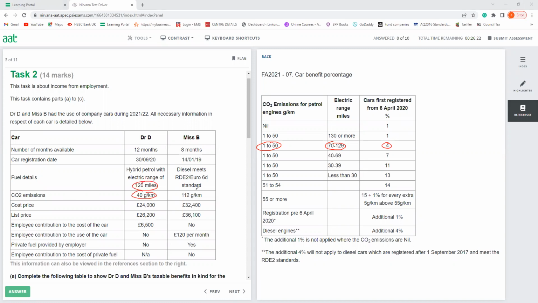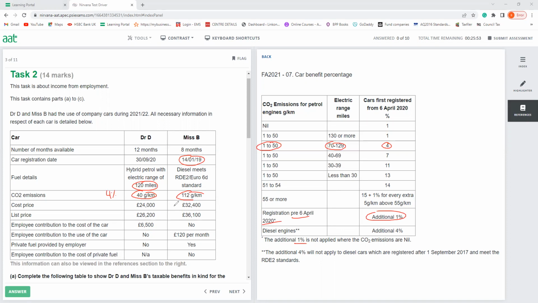So Dr. D comes under this condition, so for this one we'll have a 4% car benefit. And for the next one, it is 120 grams, so we need to do some workings. And we have to add 1% if the car is registered before April 2020, so this is an additional 1%. This car is registered in 2019, so before April.